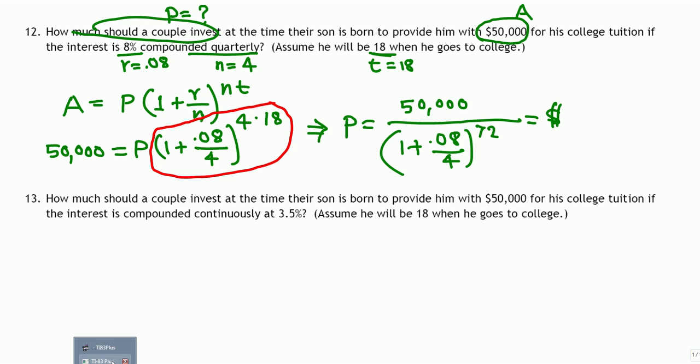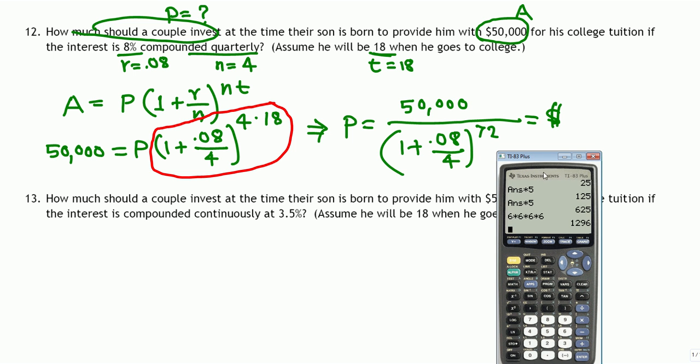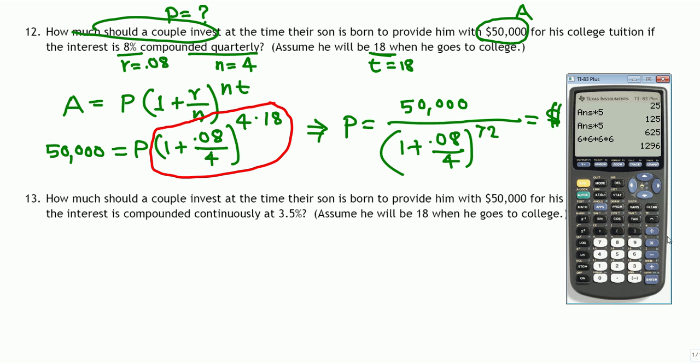Okay, so let's try over here. I would write 50,000 divided by parenthesis 1 plus, we need to divide 0.08 by 4, so another parenthesis 0.08 divided by 4, close the parenthesis for this fraction, and outside the parenthesis raised to 72.